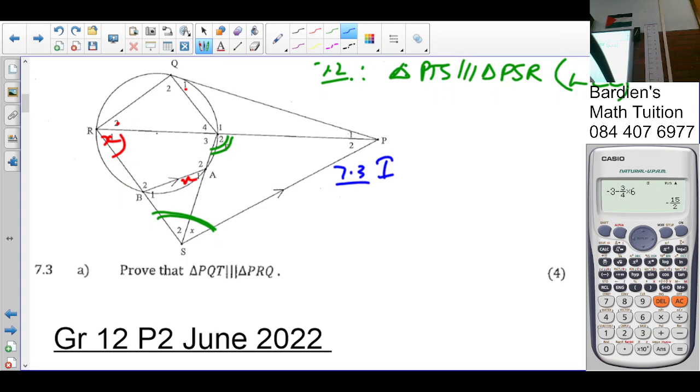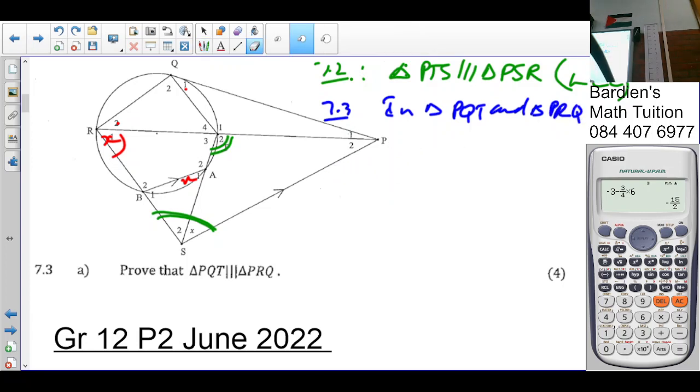So we say in triangle PQT and triangle PRQ. You don't start off by saying the triangles are similar, to prove or show that question. So you can't do what is indicated now.